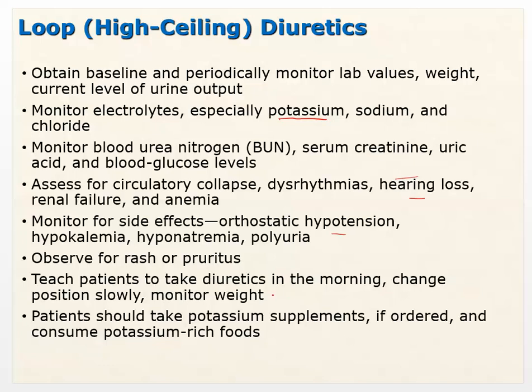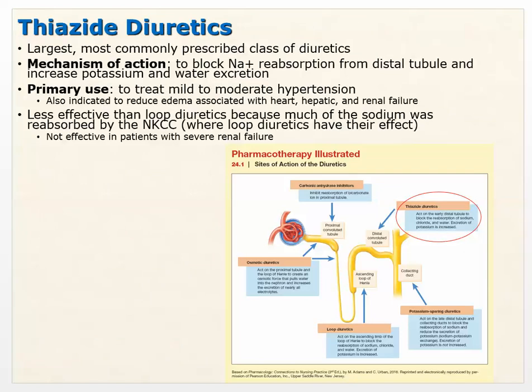And of course, for them to monitor their weight. If they see a big drastic change, that may mean they're either excreting too much or not enough water. Okay, so patients should take potassium supplements if they have to, and consume potassium-rich fluids. Of course, that's again because you're excreting more potassium. Okay, so those were loop diuretics.